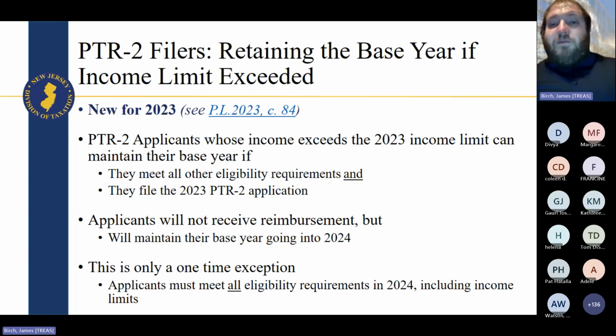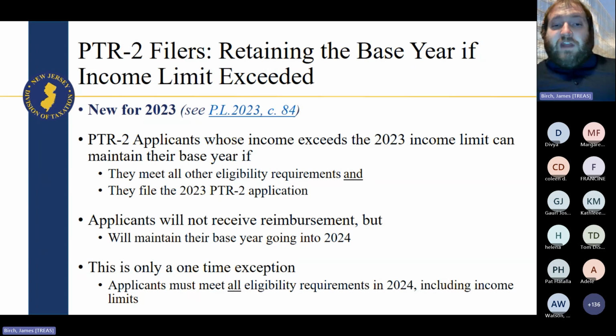So they still have to meet the age or the disability requirement. They still have to own and live in a home for 3 years, and they still have to pay their property taxes. This is only an exception if they pass the income limit, and they are still required to file that application.